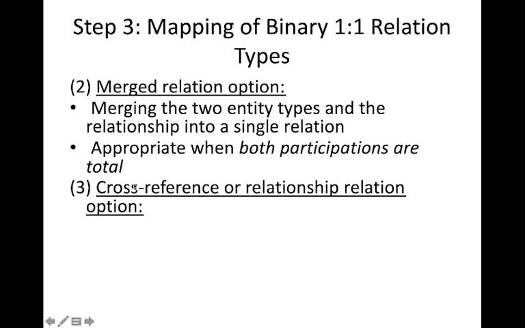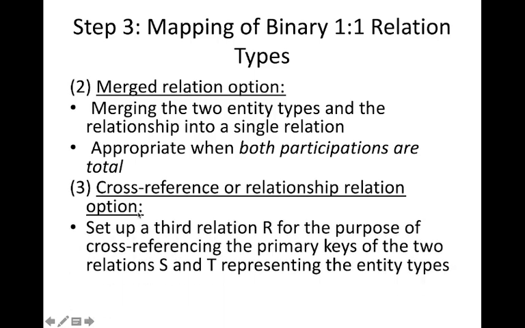Then the third technique to convert is called the cross reference or relationship relation option. What we do here is set up a third relation, R. We can call it by any name, for the purpose of cross referencing the primary keys of the two relations S and T representing the entity types.